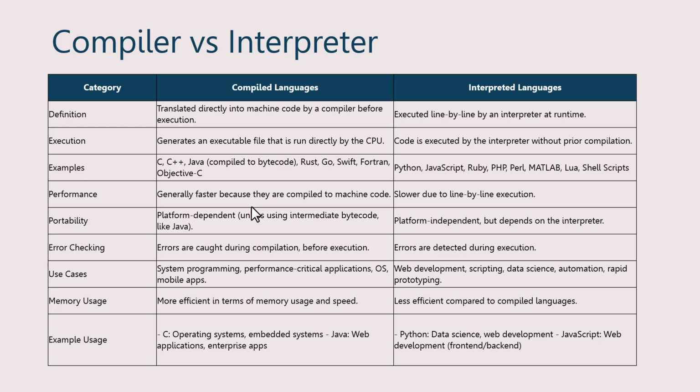Whereas interpreter languages are used in data science and web development, as I told you, wherever we don't require heavy performance. And of course, they are most popular and easy to develop. All right, this is the difference between compiled language and interpreter language.